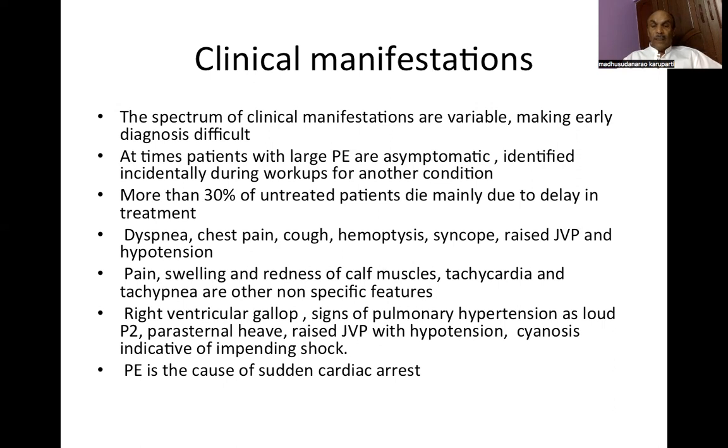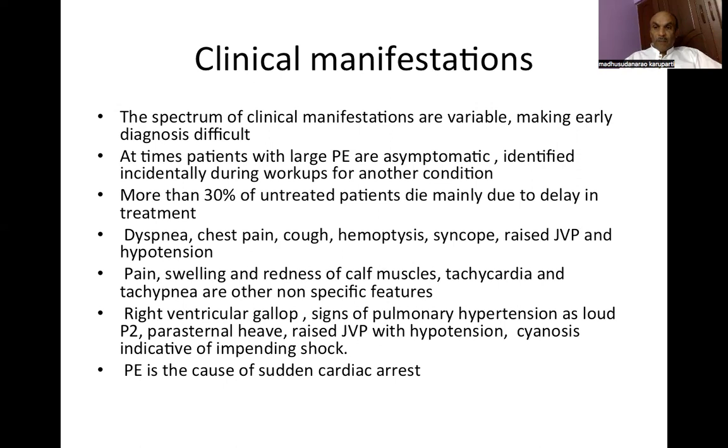Clinically, cardiovascular system examination shows the presence of tachycardia, tachypnea, right ventricular gallop, signs of pulmonary hypertension in the form of loud P2, parasternal heave. Raised JVP with hypotension is an important finding in patients with pulmonary embolism.